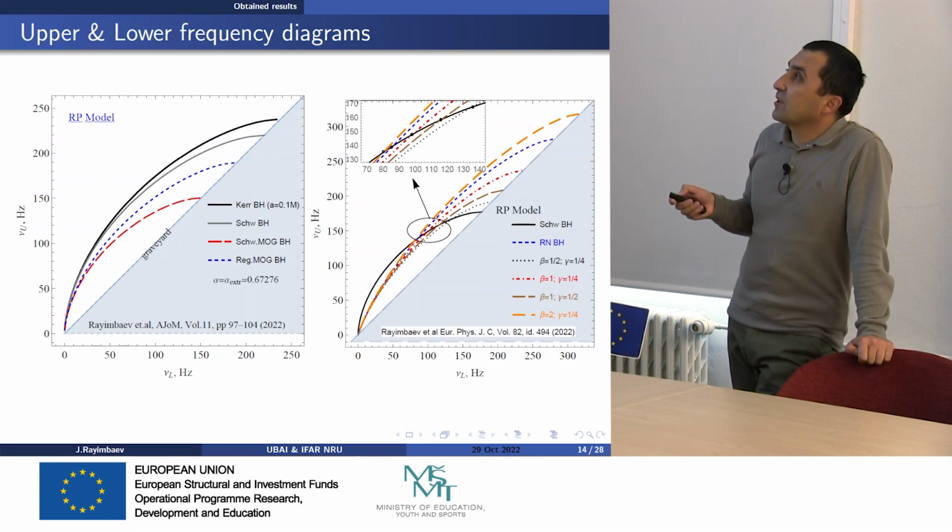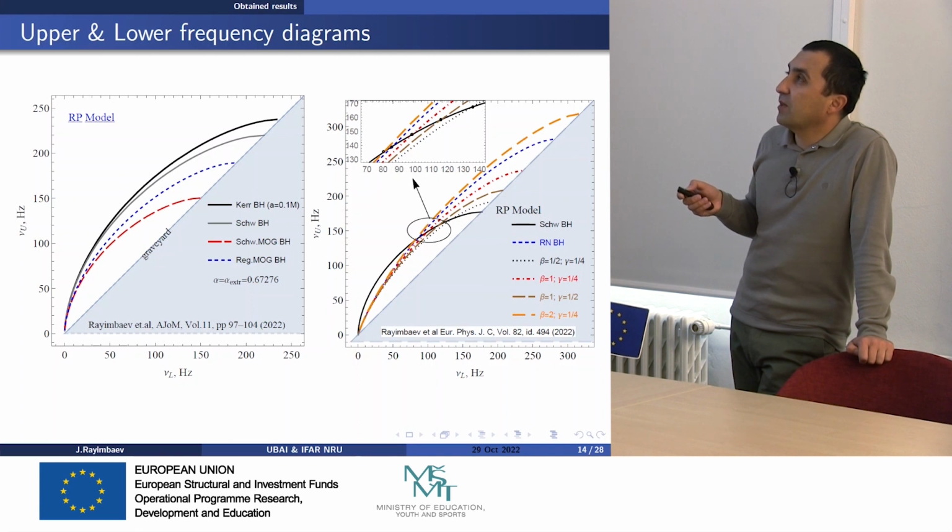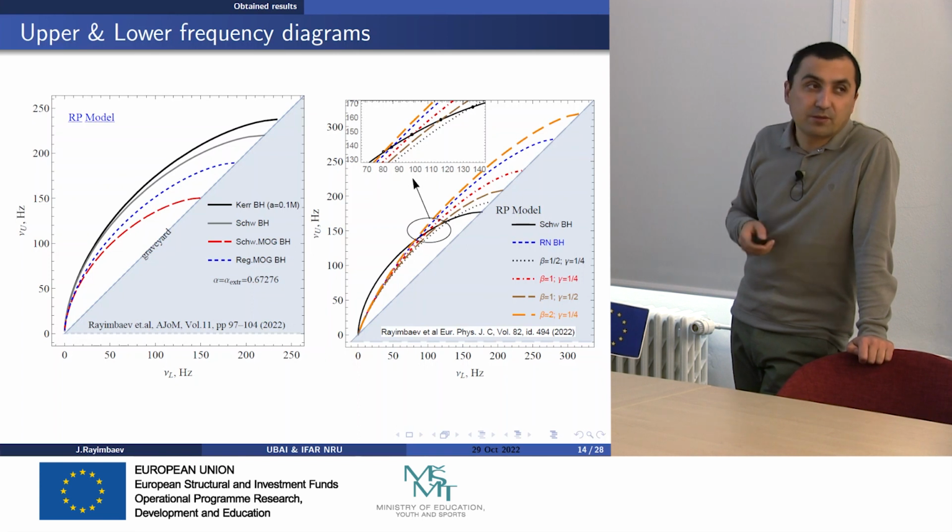And here also there is some degeneracy between the Schwarzschild Mach and the regular Mach gravities in this field. But in this field between the red and the blue, we cannot see any degeneracy. If some object is positioned at this point, we can exactly say it can be Schwarzschild Mach only.